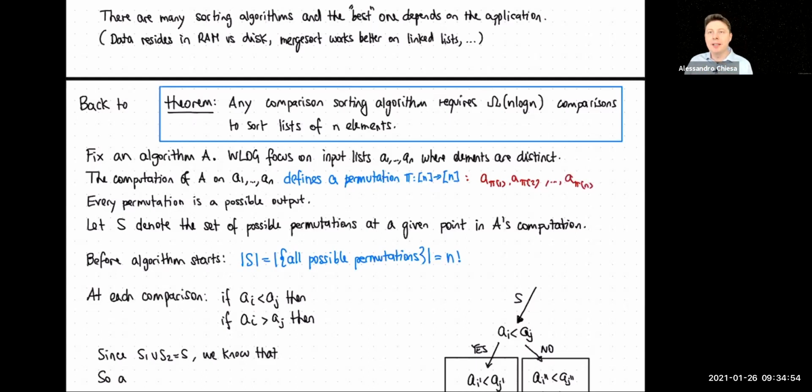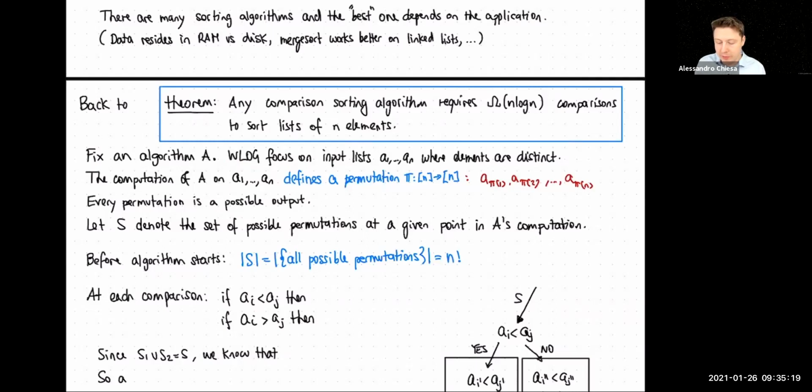It is the π that creates the sorted list, right? So when A is computing a1 through an, it will output the sorted list, and that sorting relative to the input will define a permutation, because each of the elements will be somewhere in the output.